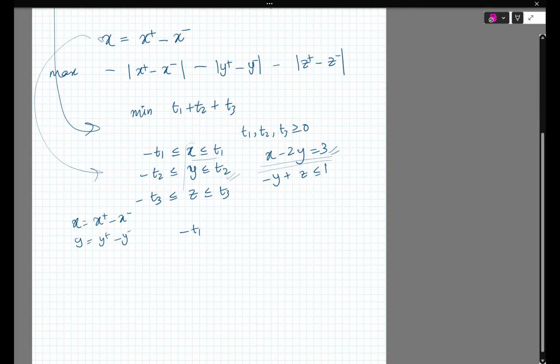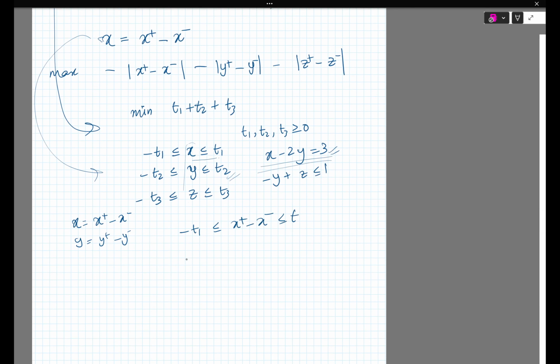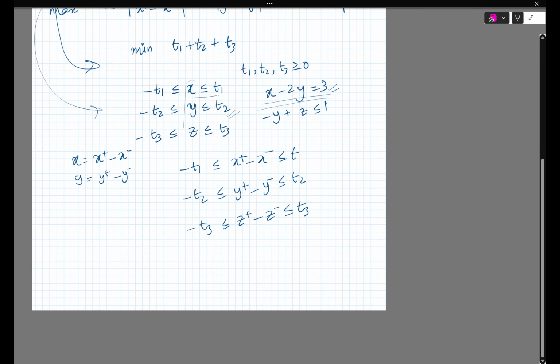So basically it will be minus t1 less than x plus minus x minus, less than t1, minus t2 less than y plus minus y minus, less than t2, minus t3 and so on.